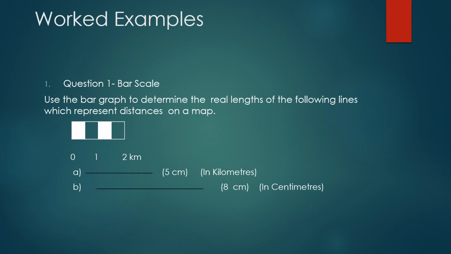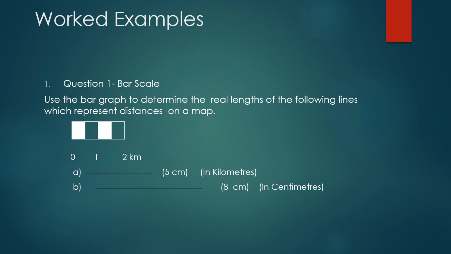I will give you time to finish that up. When you are done drawing the bar scale, please measure A, 5 centimeters, and B, 8 centimeters, so that we can answer this question.